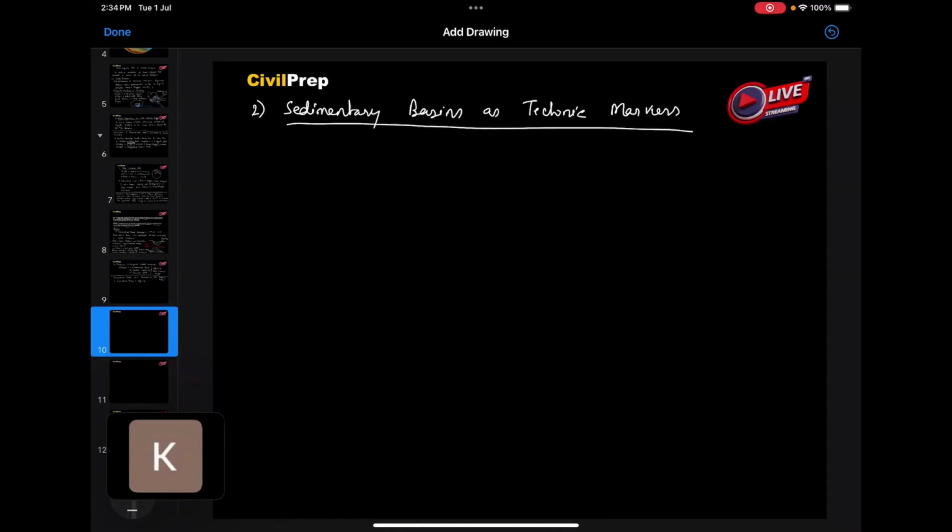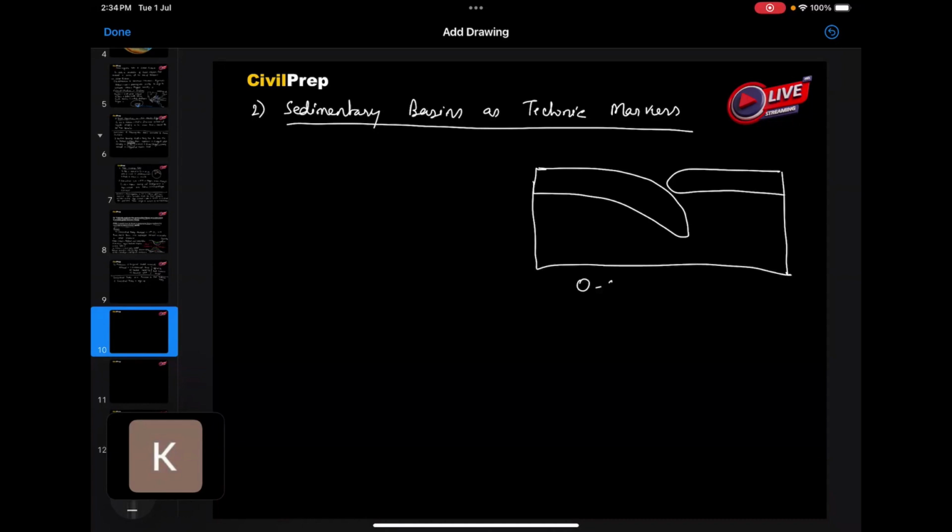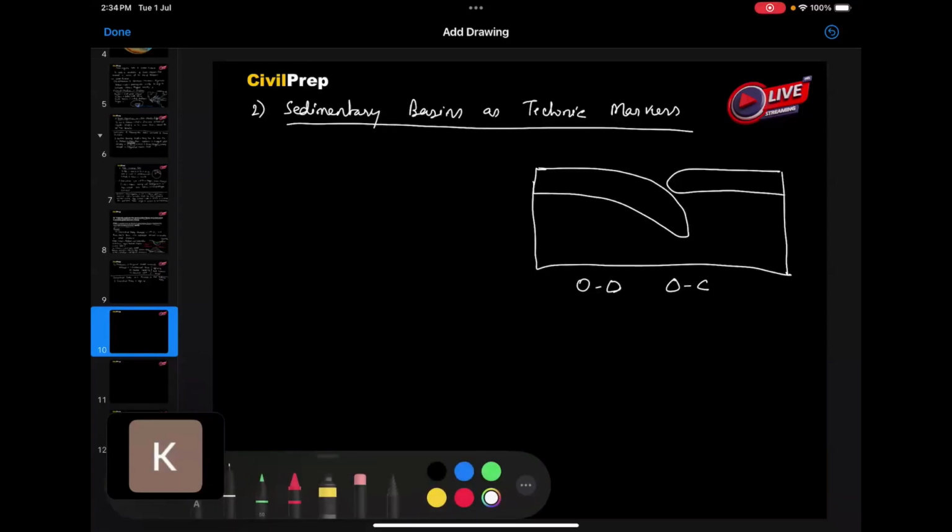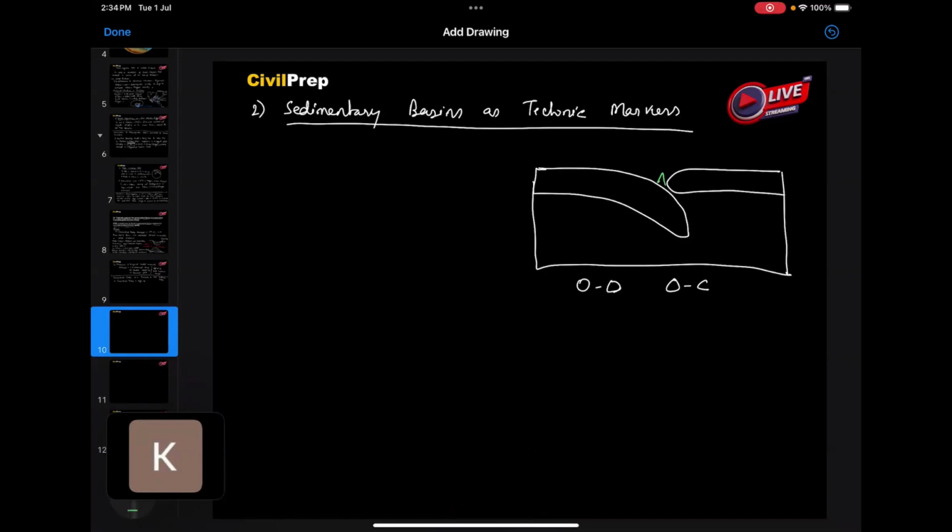Whenever there is a subducting plate and convergence taking place, either oceanic-oceanic or oceanic-continental convergence, there is the formation of an accretionary wedge, which is also called a back arc basin.